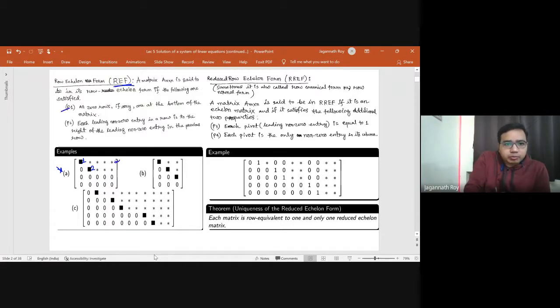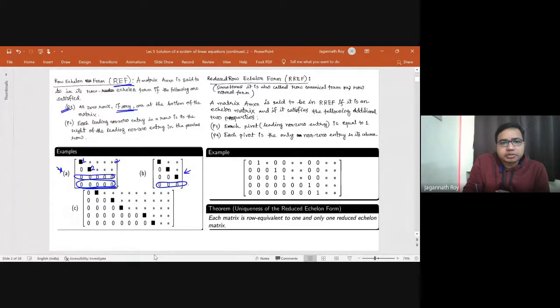So property 1 says if a matrix has a zero row, it will be at the bottom of the matrix. So here two zero rows are there. So this is one structure, or it can also be like this.